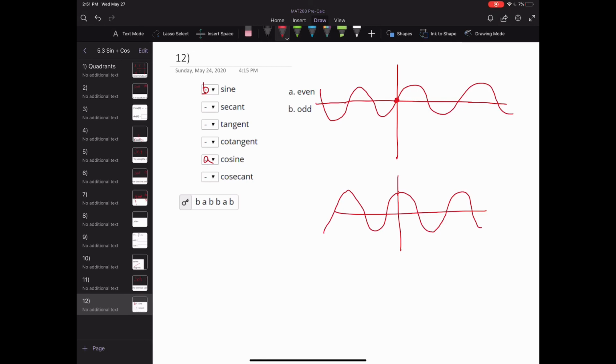So secant, which goes along with cosine, is also even. So what do you think cosecant is? Yep. So it's the same thing as the original. So that leaves us with tangent. Tangent is odd. So cotangent will be odd as well.